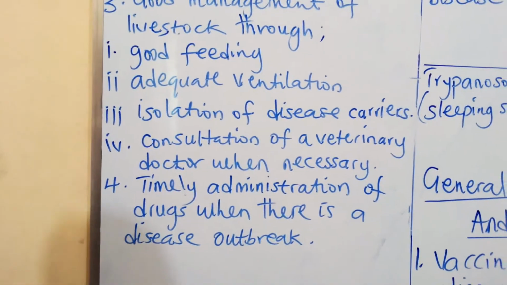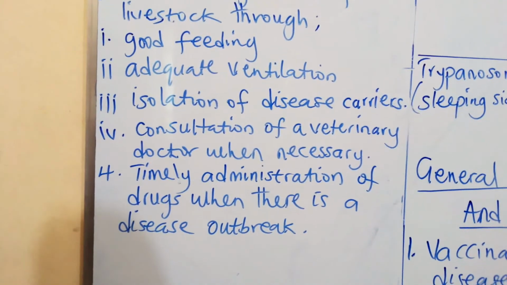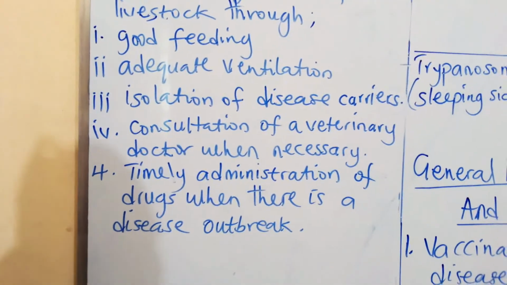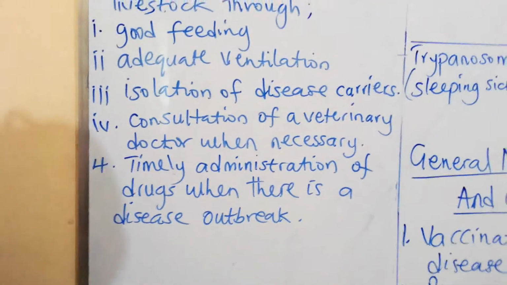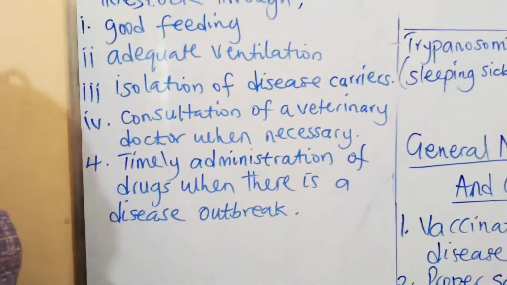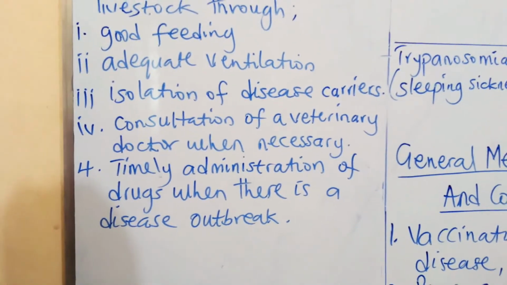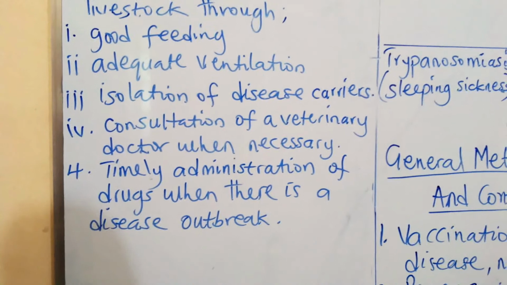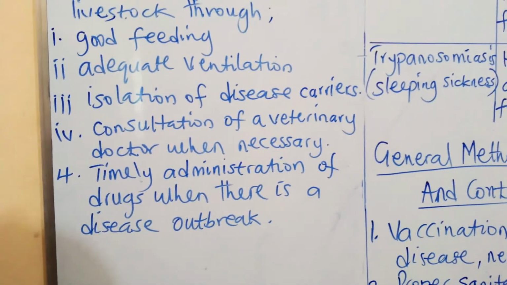Now, number 4, we have consultation of a veterinary doctor when necessary. Then lastly, we have timely administration of drugs. When there is a disease outbreak, don't wait until your own animals are infected by the disease before you start administering drugs. Maybe you know that this disease is affecting animals around.